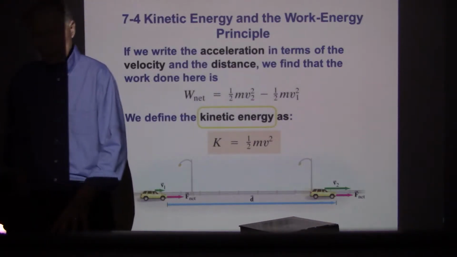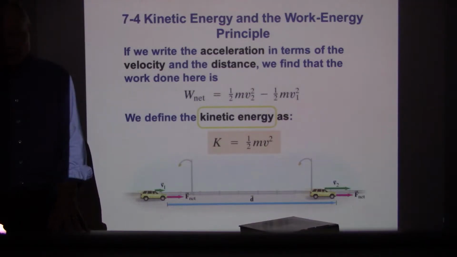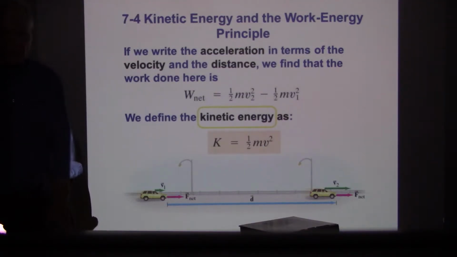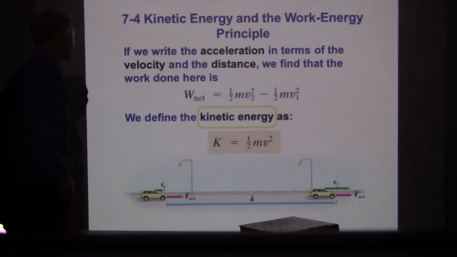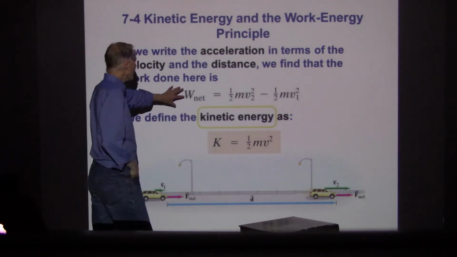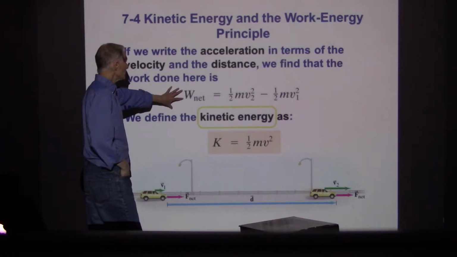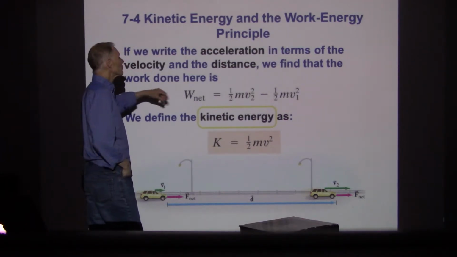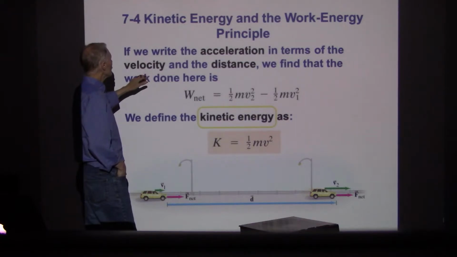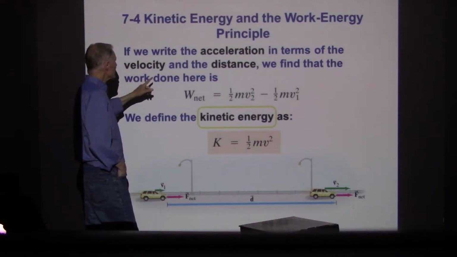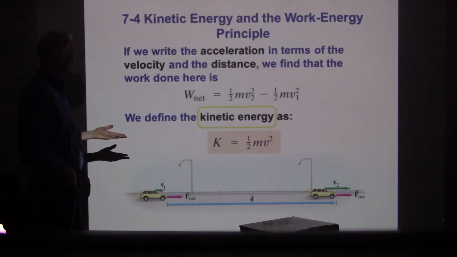Okay, here we go. If we write the acceleration in terms of velocity and distance, here's what we find. We can take the energy that's been transferred, write that in terms of force and distance, and then change that into acceleration and velocity.